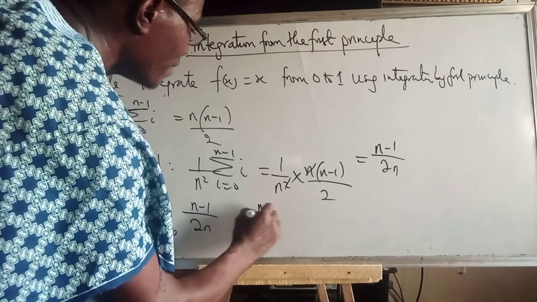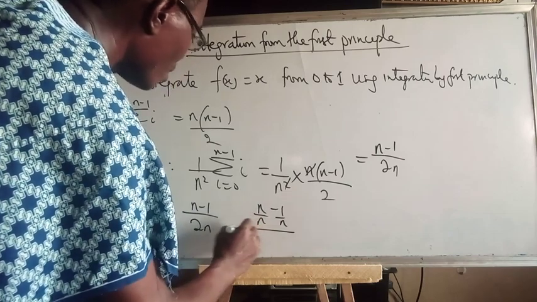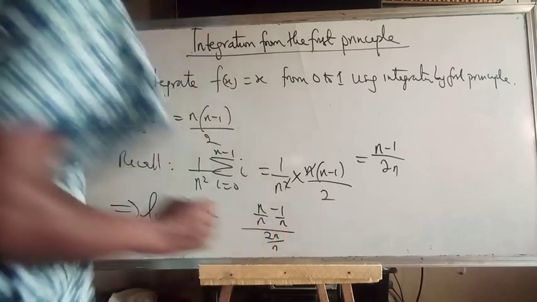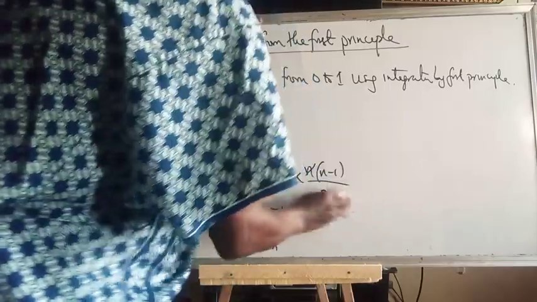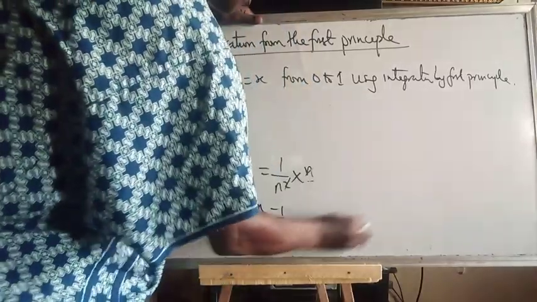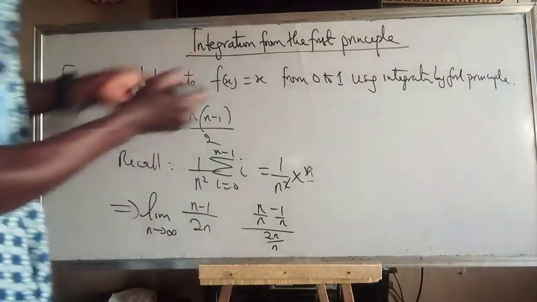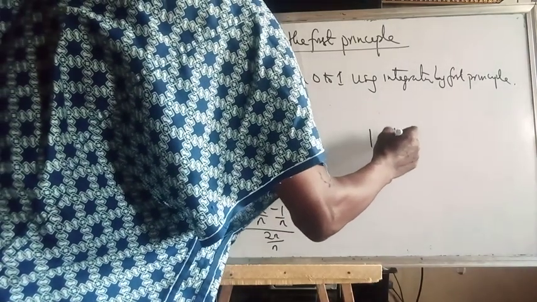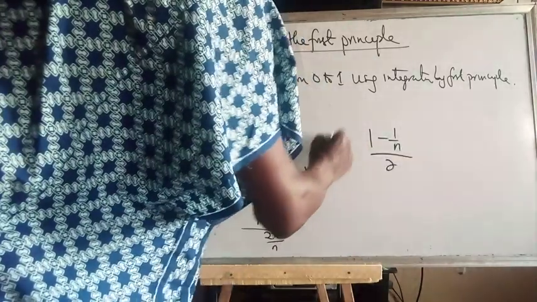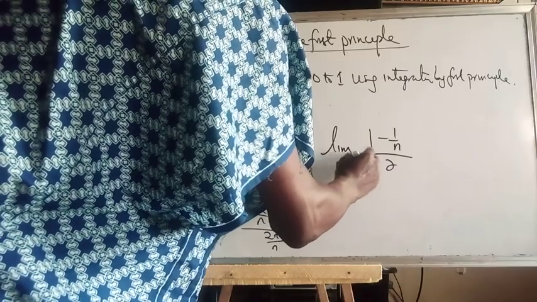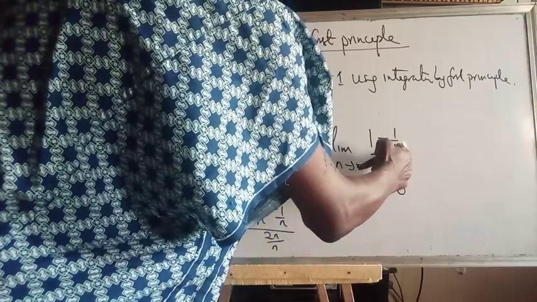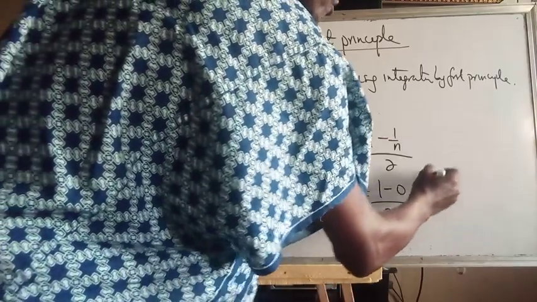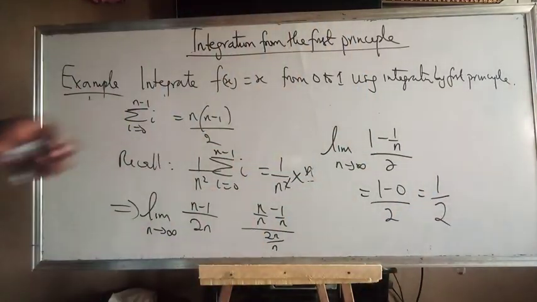So that will be n over n minus 1 over n, all over 2n over n. We're going to have 1 minus 1 over n, all over 2. With the limit as n tends to infinity, that will be 1 minus 0, because 1 over infinity is 0, all over 2. So our result will be 1 all over 2.